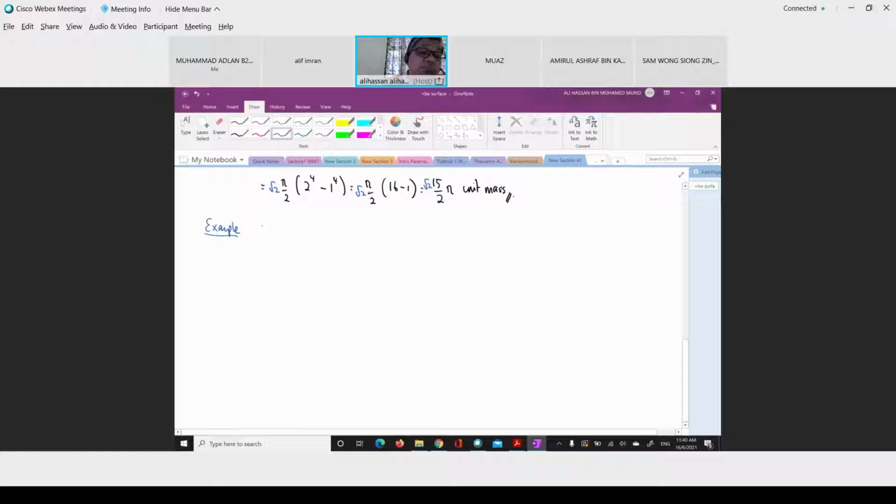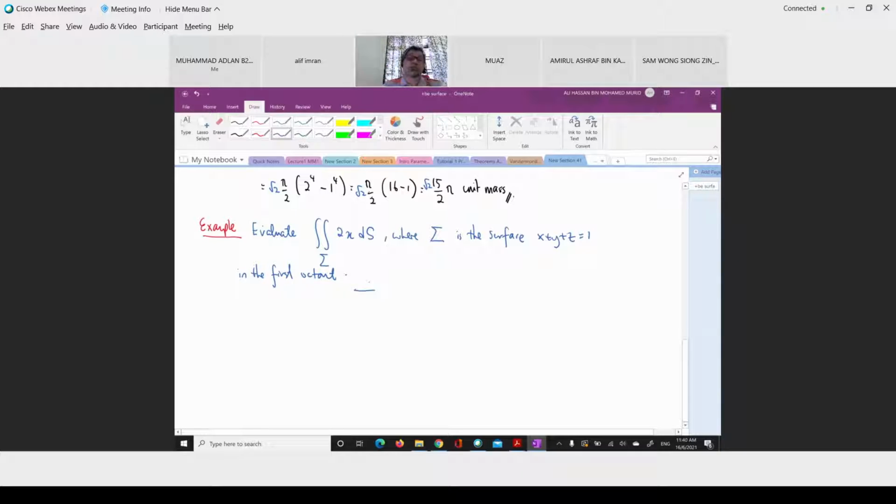So evaluate this surface integral of 2x dS, where gamma is the surface x plus y plus z equal to 1 in the first octant. In the first octant.